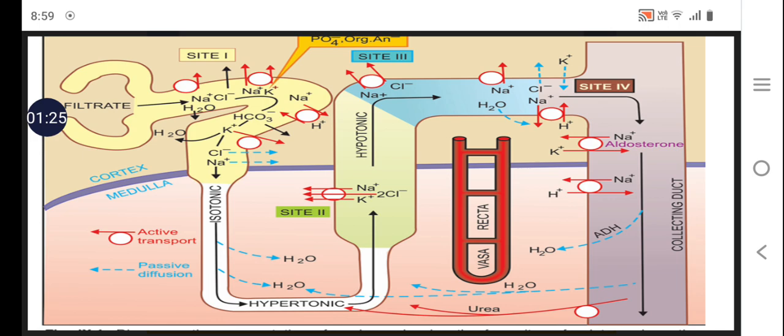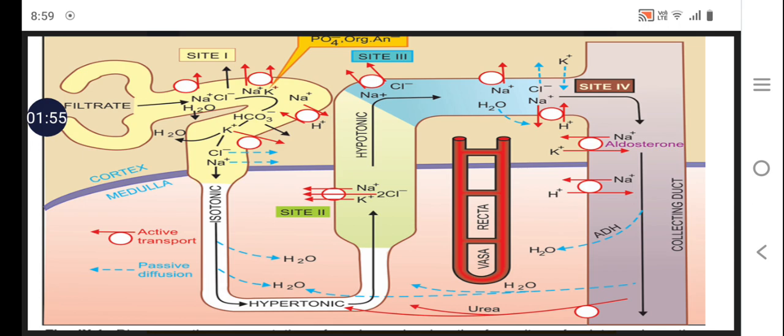It consists of afferent and efferent arterioles. Then the proximal convoluted tubule is there, and after the proximal convoluted tubule, next is the descending limb of Henle, and after the descending limb of Henle, there is the ascending limb of Henle, and after the ascending limb of Henle, there is the distal tubule, and the last part of the nephron is the collecting duct.